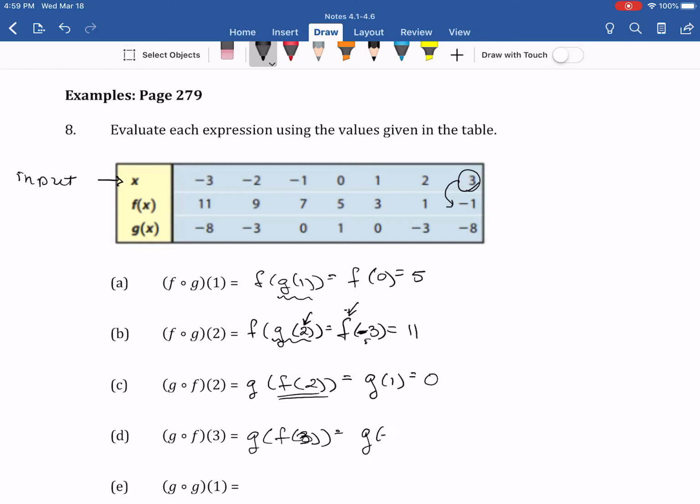Now I want to find what g of -1 is. So g of -1 indicates we need to find -1 as my input, put this now into function g, and the answer you get is equal to 0.